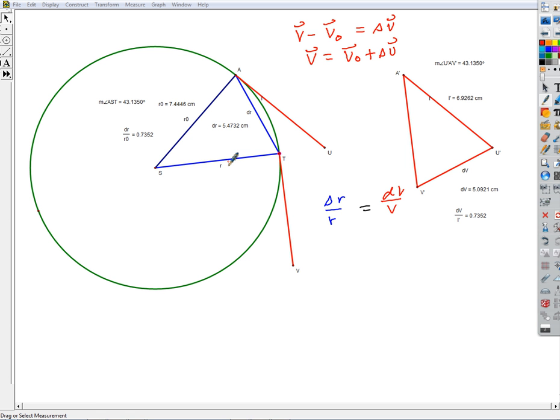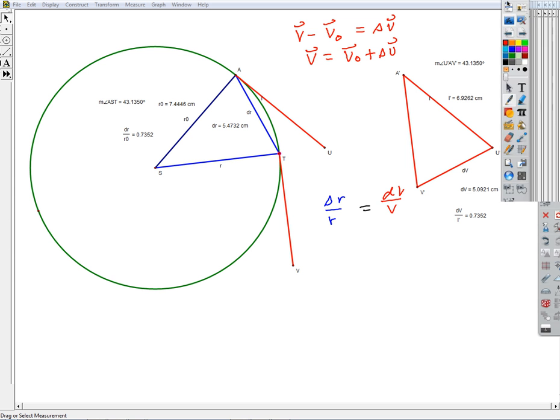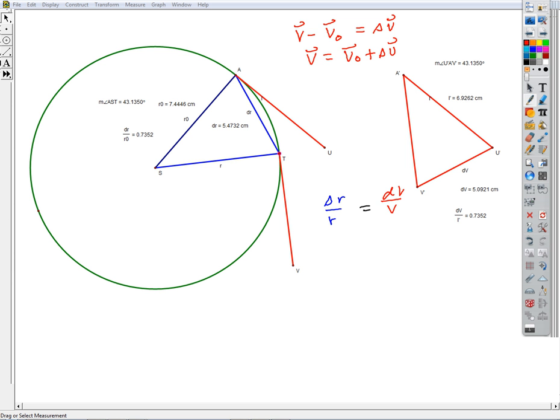What if I did something really tricky here? What if I said now, can I move this? Oh, I can't. So it's all right. We've got the equation delta r over r equals delta v over v.